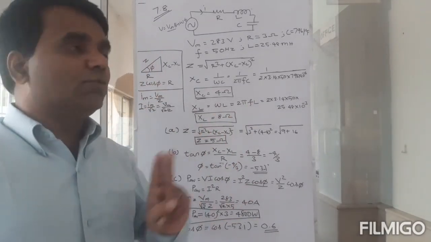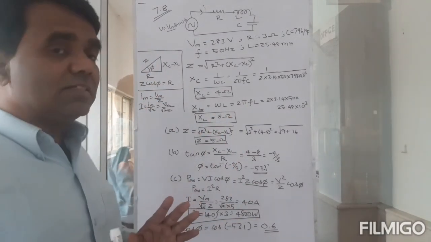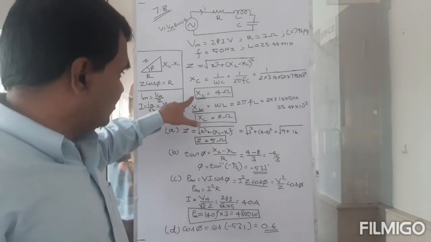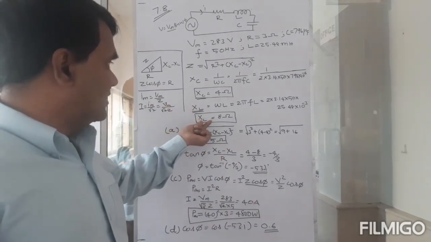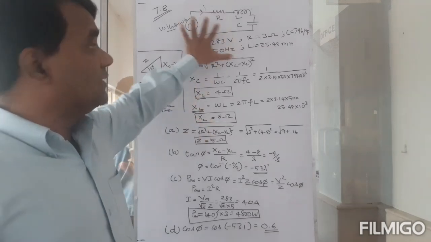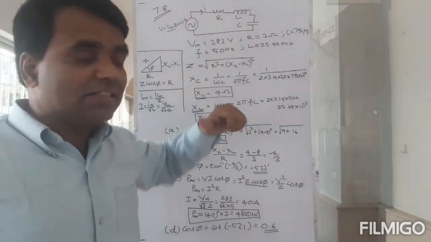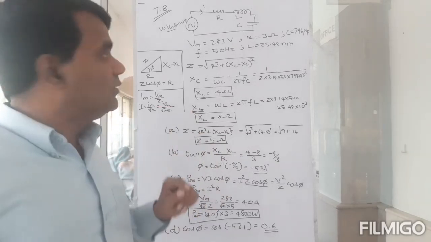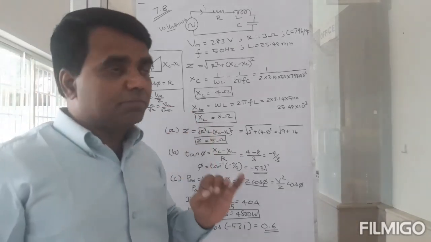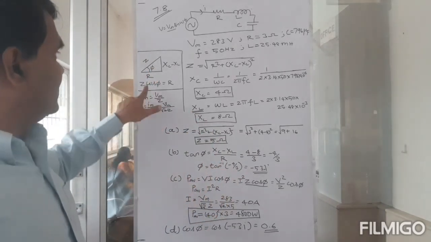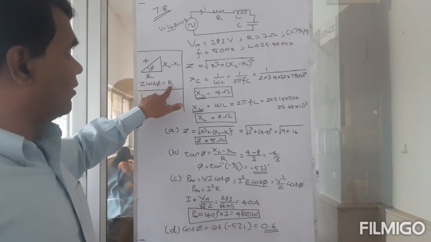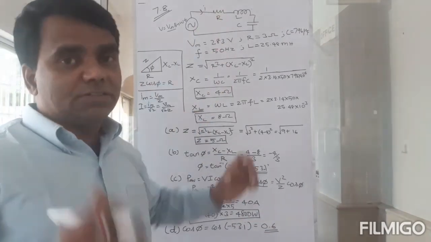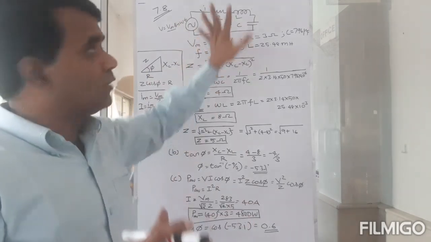And there are two things I want you to remember in this. One is the inductive nature of the circuit, which you can find from these values themselves. If XL is greater than XC, then this circuit is going to be net inductive. That is one point that you have to remember. And the other point that you need to remember is this: Z cos phi is actually R. The power loss will happen only in the resistor, whatever you connect.